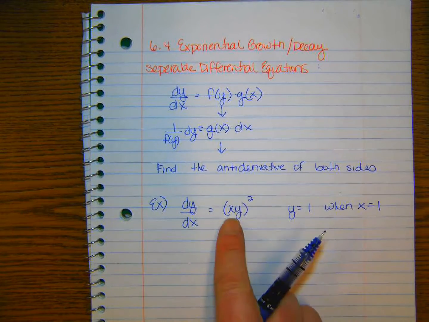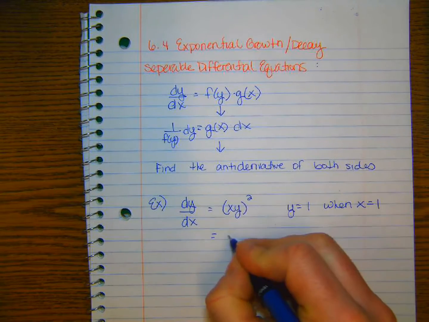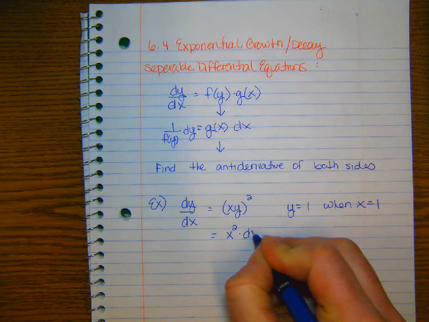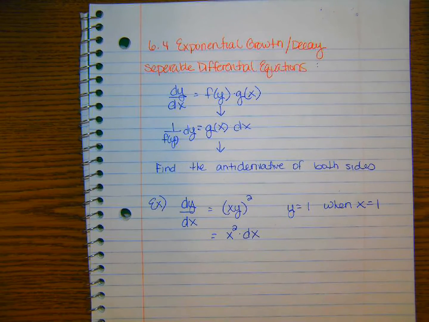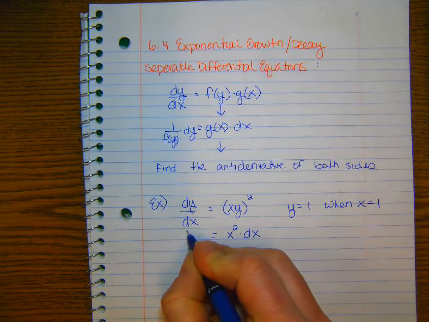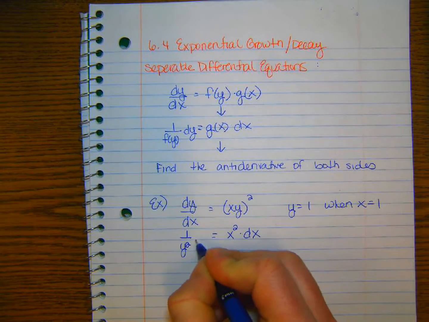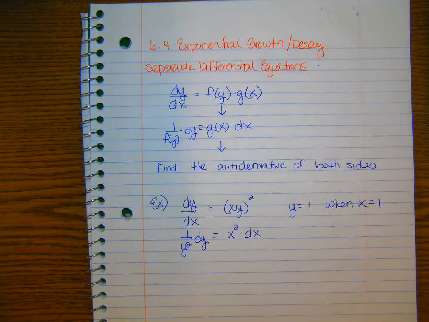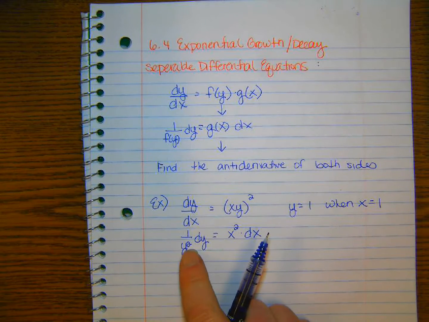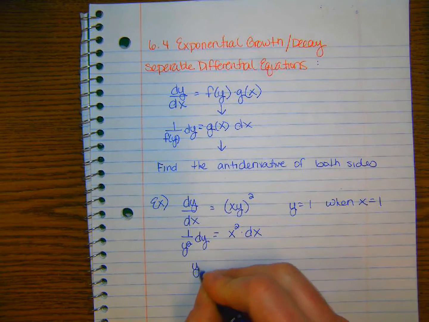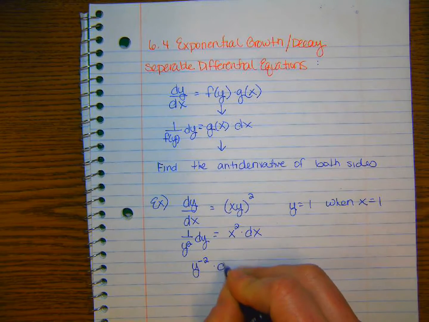So I'm going to leave the x squared over here. If I separate the variables, I have x squared dx. And over here, wouldn't I have 1 over y squared dy? You guys following okay? So if this was a 1 over y, I'd leave it because the antiderivative is natural log of y. Because it's y squared, I'm going to rewrite it as y to the negative second.